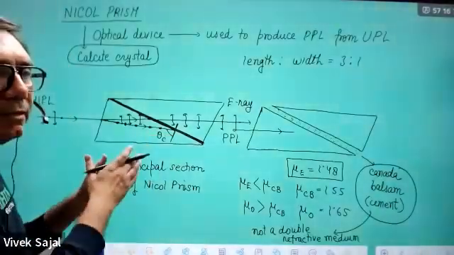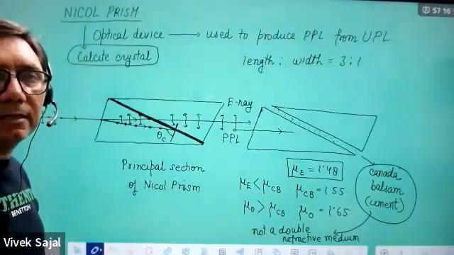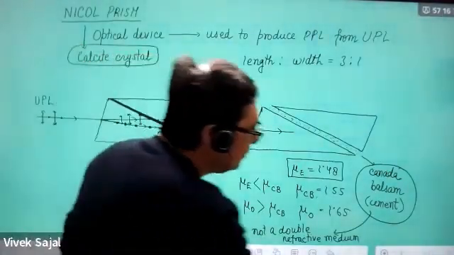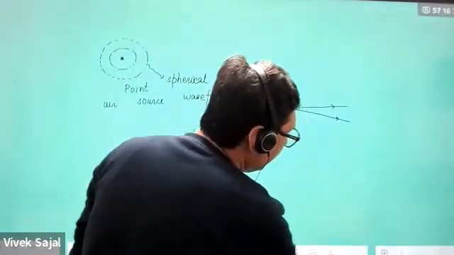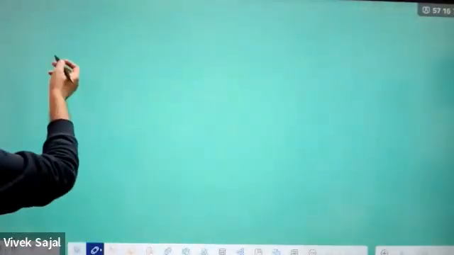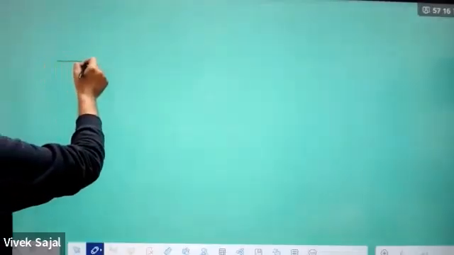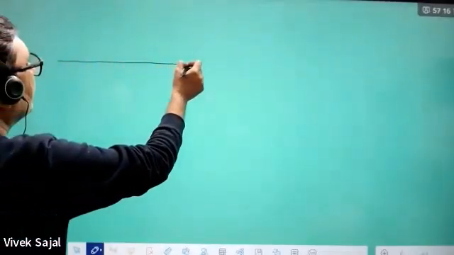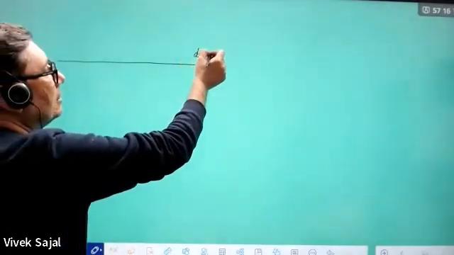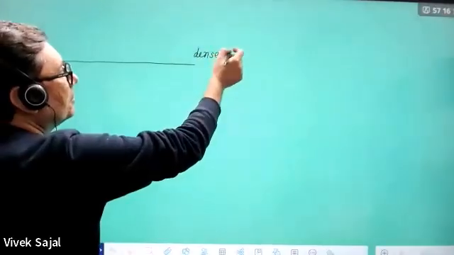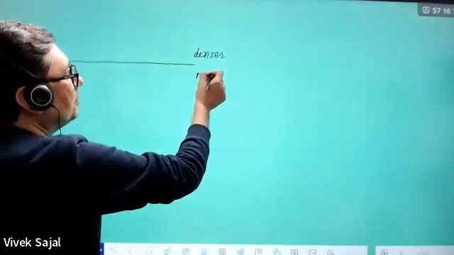What is the meaning of this critical angle? Before further explaining, try to understand here. Suppose this is a denser medium, and this is a rarer medium.